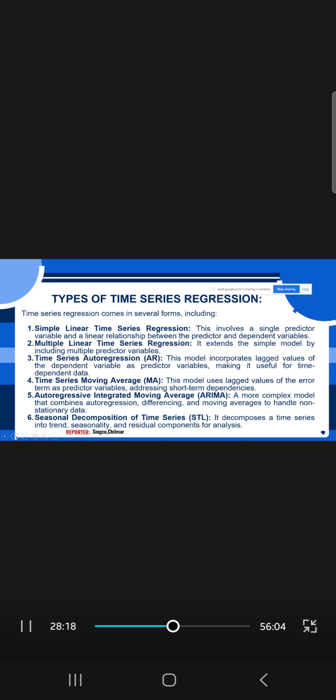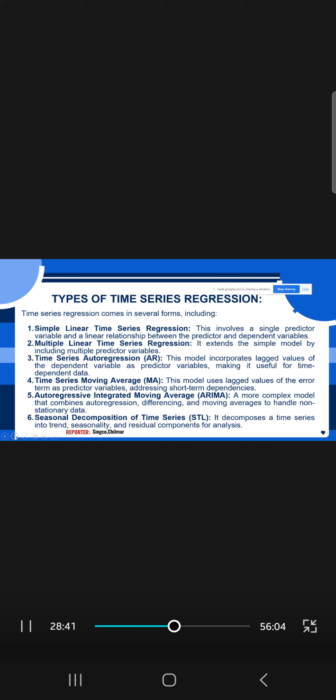Unlike the autoregression time series, this means that the current value of the dependent variable is regressed on its error terms from one, two, three or more time periods in the past.